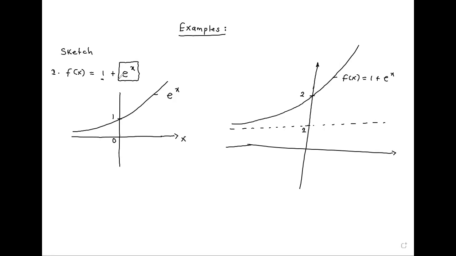It will always be 1 plus something. So it's showing where we'll curve from. We'll curve from 1. It is an asymptote, representing the x-axis for this graph.